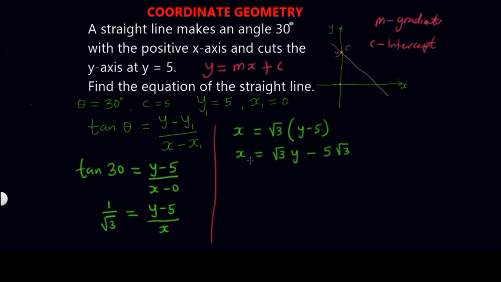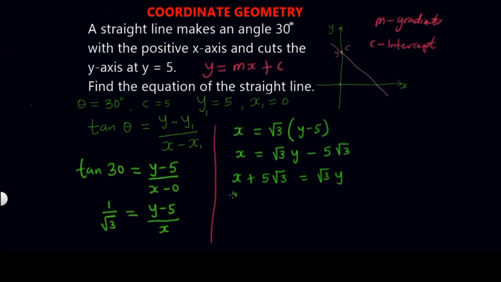To do that, we make y the subject of the formula. This becomes x plus 5 root 3 equals root 3y. We can then divide through by root 3.